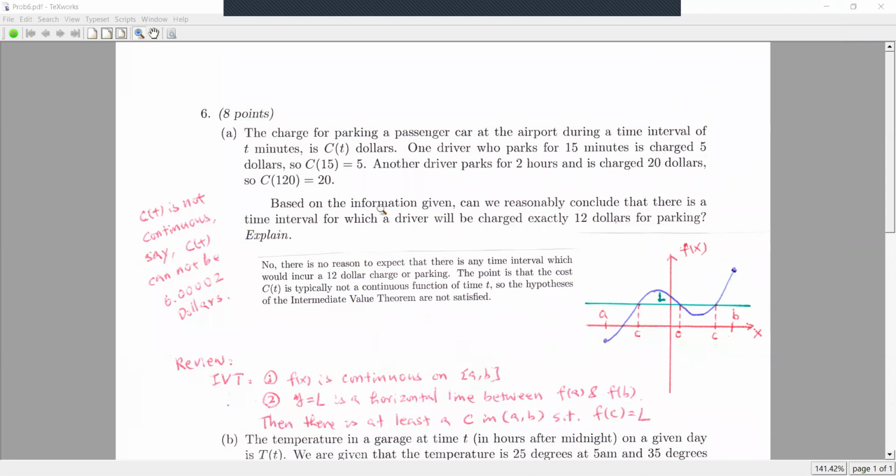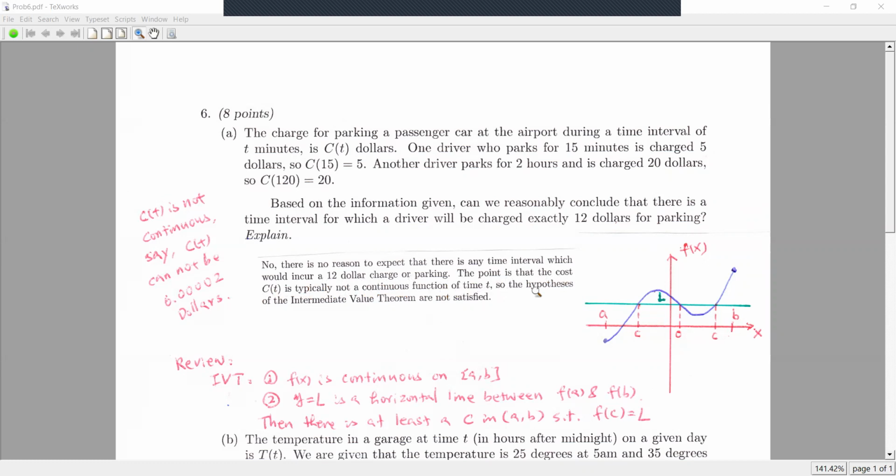The answer to the question is no. There is no reason to expect that there is any time interval which would incur a $12 charge for parking. The point is that the cost function C(t) is typically not a continuous function of time t.